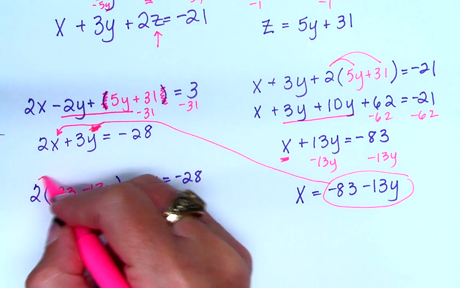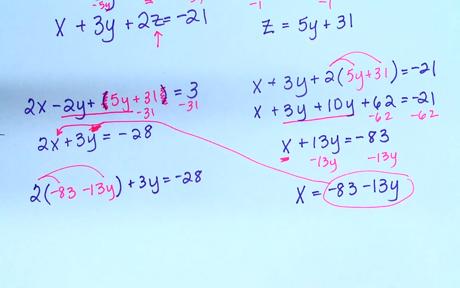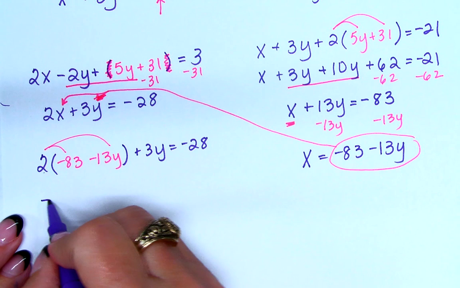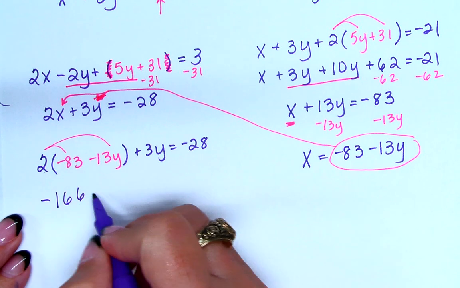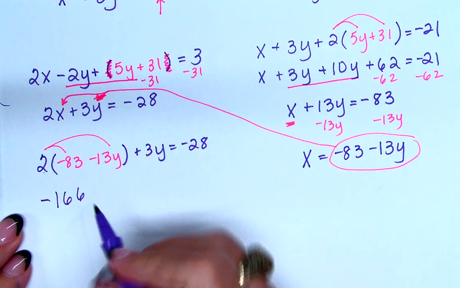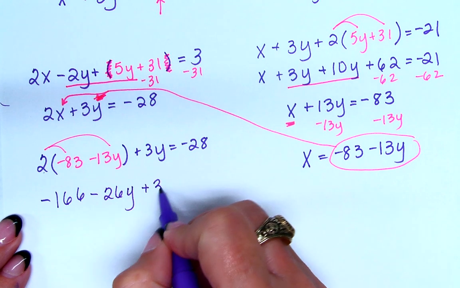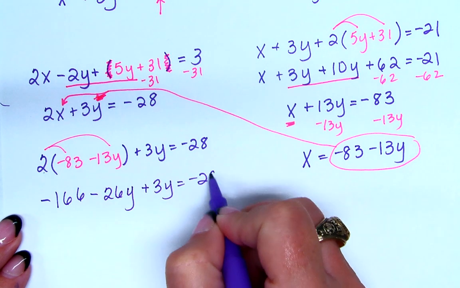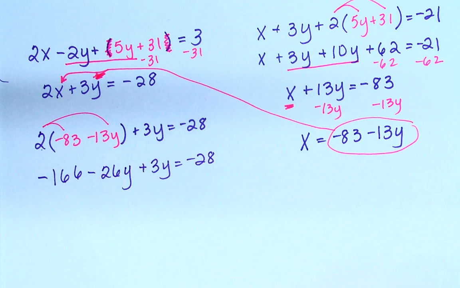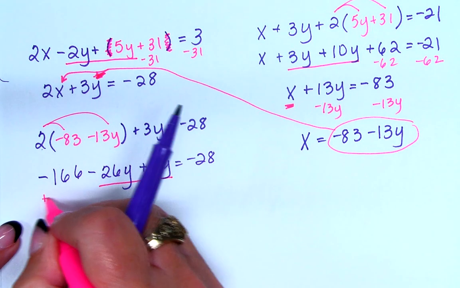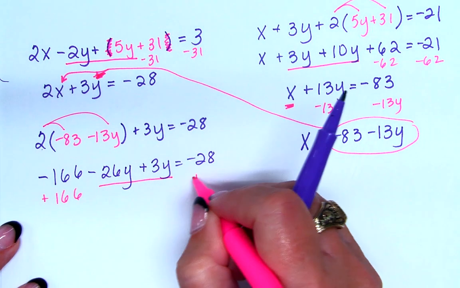Okay, distribute. Good idea. Very good idea. 2 times negative 83? Negative 166. 2 times negative 13y? Negative 26y. Plus 3y equals negative 28. Okay, combining my like terms here, and then adding 166 to both sides.